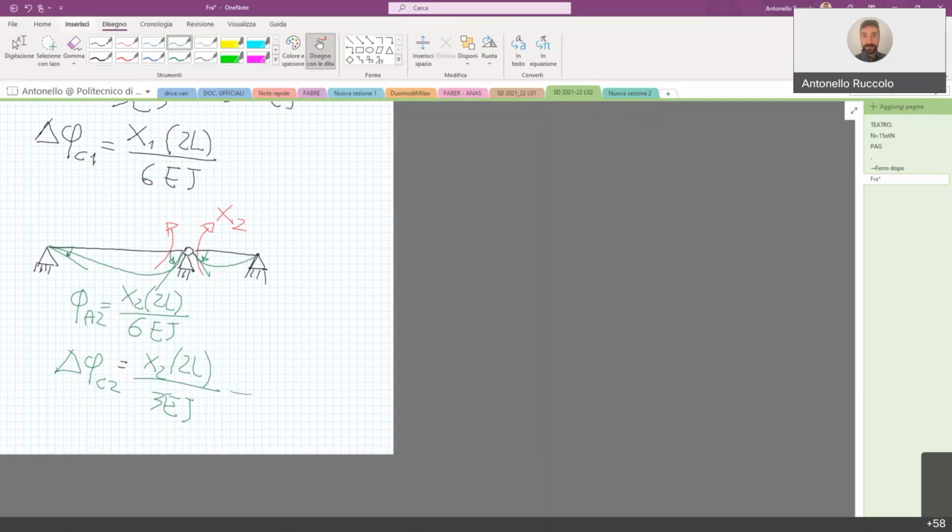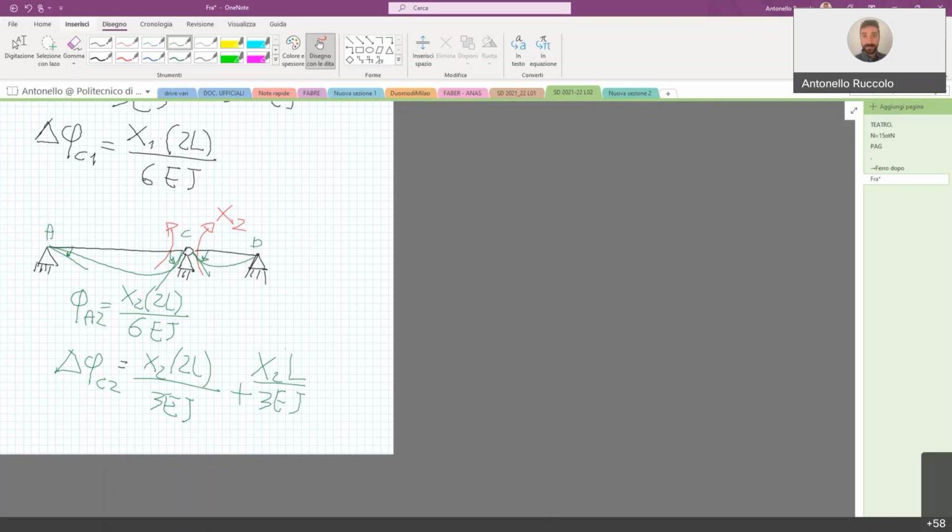So the mutual rotation is not only this one, but is also x2 times the rotation in the CD, which is x2 times L over 3 E iota. It is equal to the previous one, but the length is different. So since we have a smaller beam, which is the beam CD, since the beam is smaller, the rotation associated in this node is 1/2 of the rotation in the node AC.